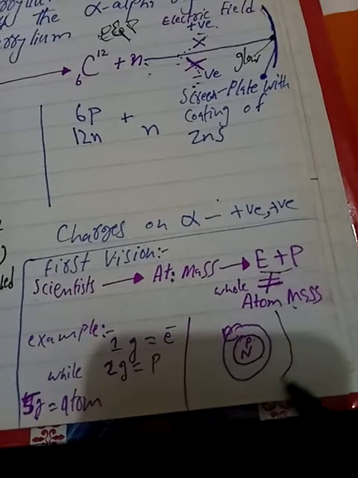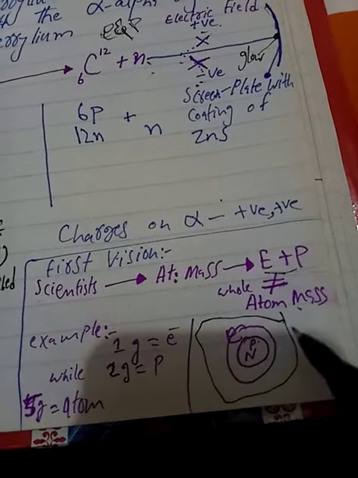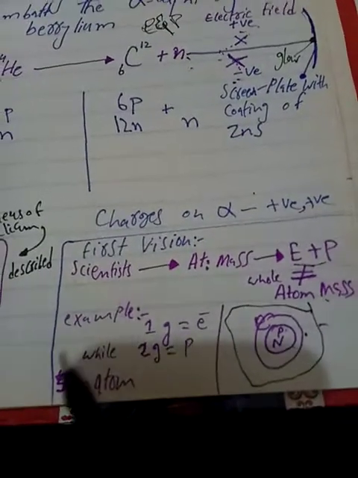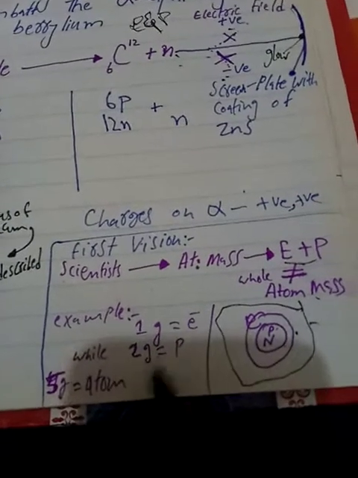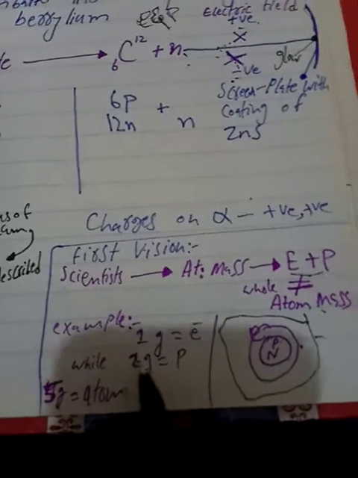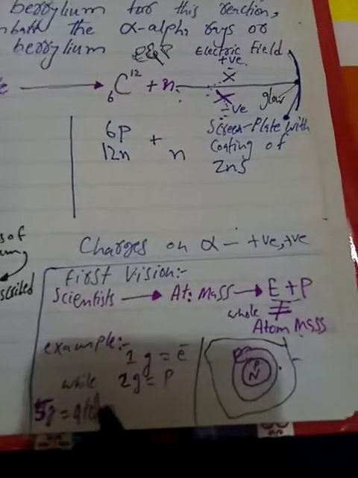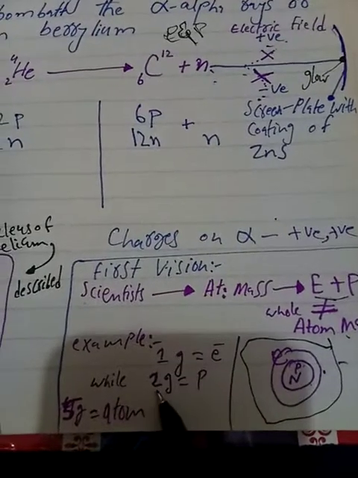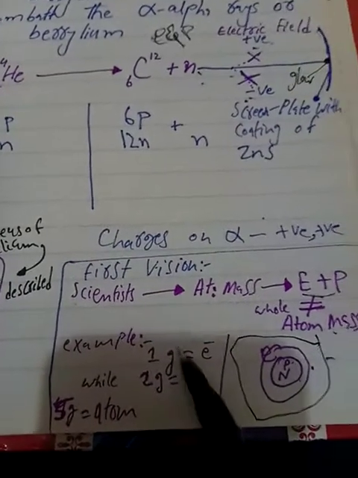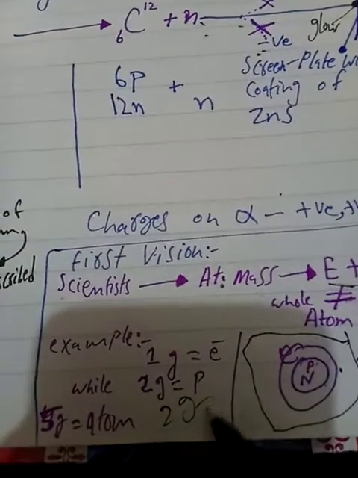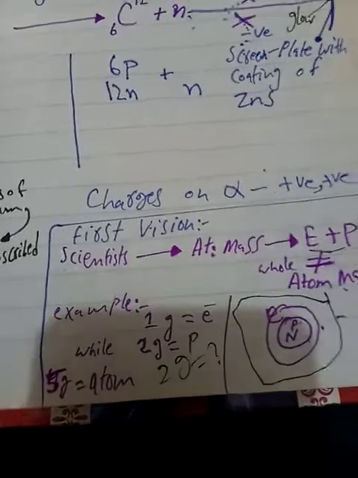Giving you an example, not real masses: if the electron had 1 gram and the proton had 2 grams, while the atom had 5 grams, then there is only 3 grams of mass, so which particle is the other 2 grams?